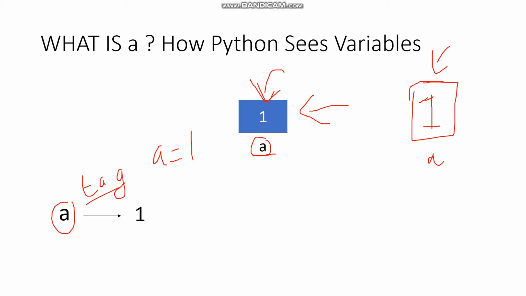In other languages, we say that we store 1 in the variable a, where the variable a is considered a memory location where the value 1 is stored, but in Python we call it a tag. So a is tagged to 1. That's how Python sees a variable. No need to worry much about it. Just know that a variable is a memory location to store data.